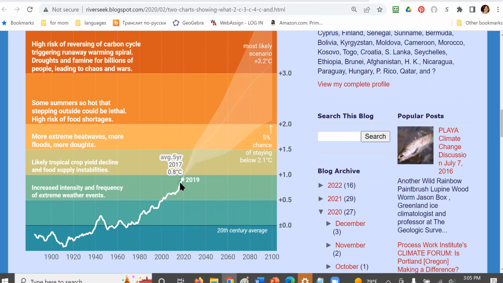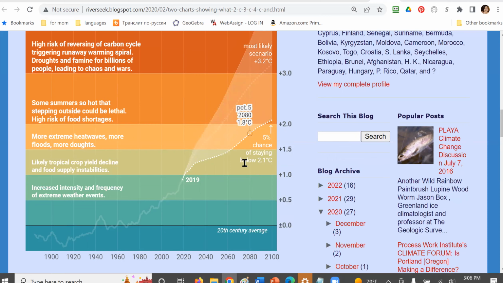And these are different scenarios. Basically they're saying, if we do something about the levels of CO2 and global warming right now, we may have a 5% chance of staying below an increase of 2.1 degrees Celsius.